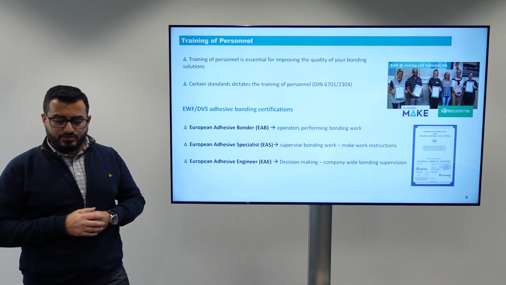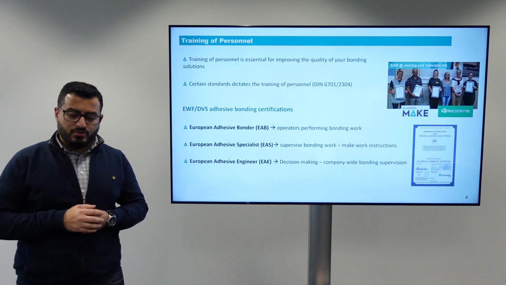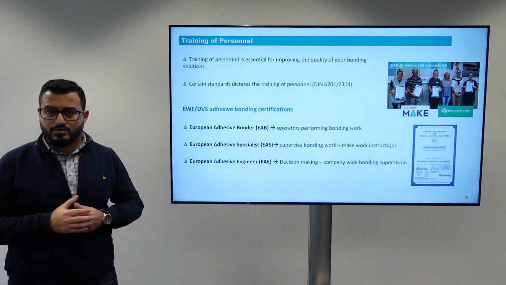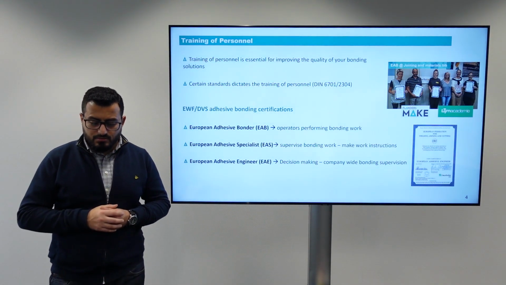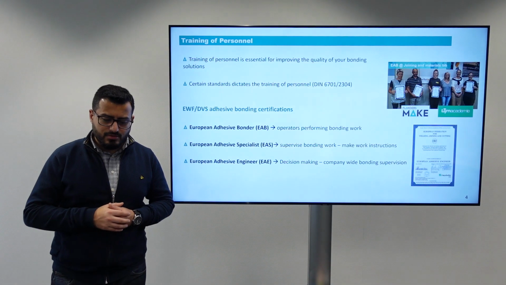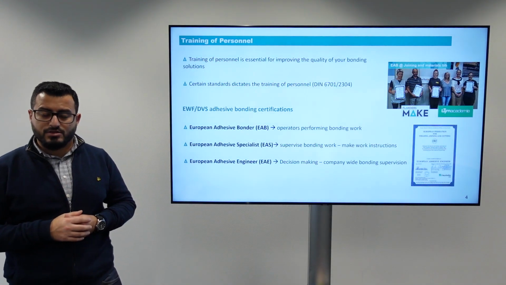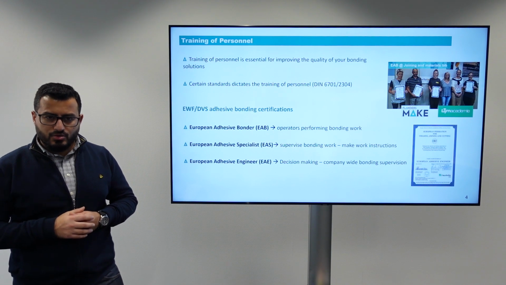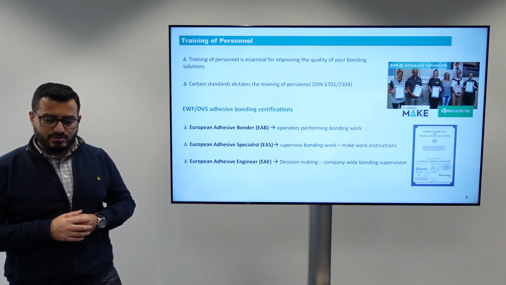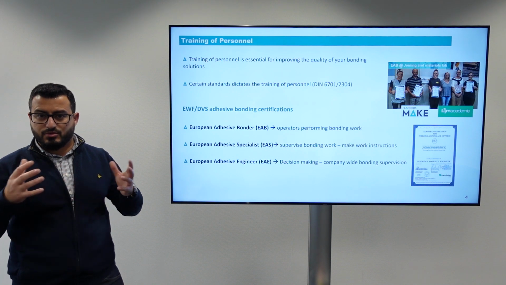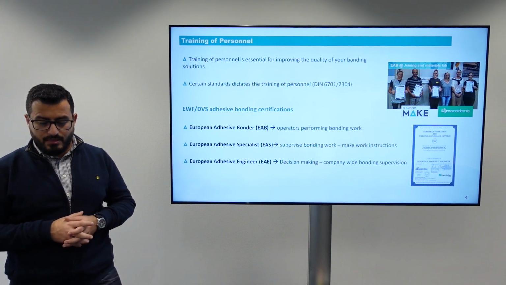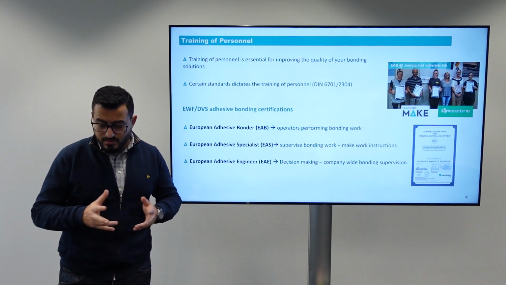And these are trained people to supervise the bonding work and also draw up the bonding instructions for the operators. And the highest qualification level is the European Adhesive Engineer, or EAE, which is more of a decision maker and supervises the company-wide bonding application in the joining process.